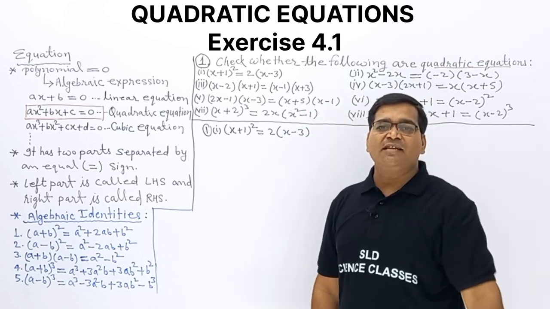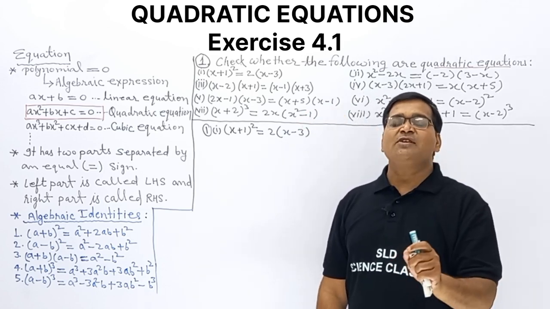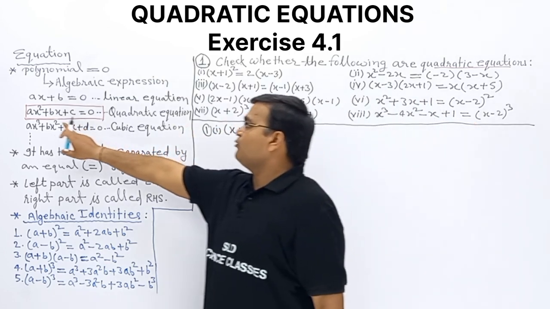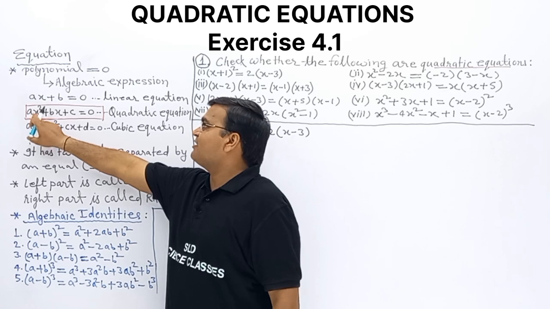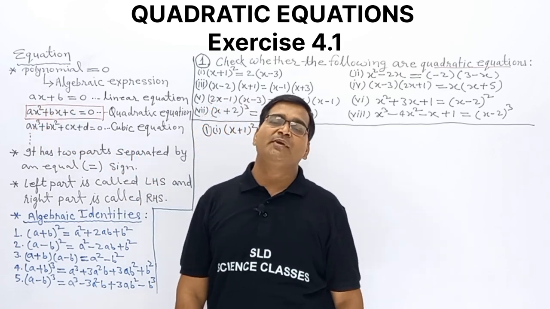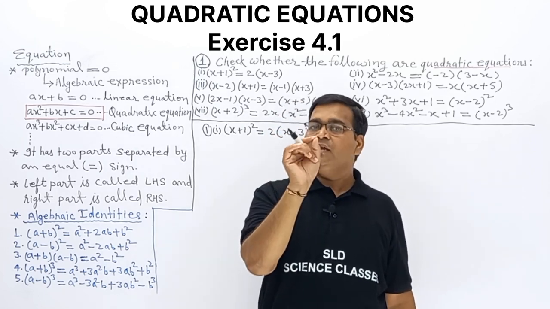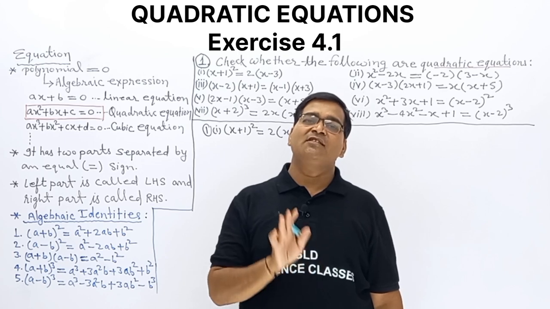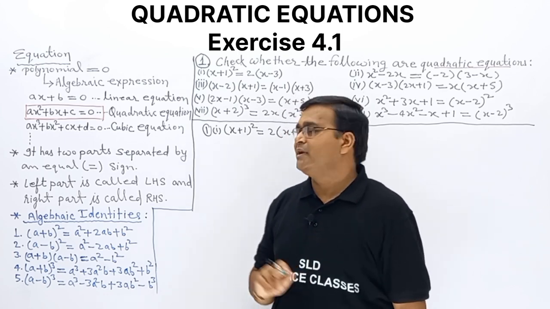In the quadratic equation we are having a quadratic polynomial equal to 0, and the quadratic polynomial is ax square plus bx plus c. In the quadratic polynomial we studied that the degree, the maximum power of variables, should be 2. Then we can say that one is a quadratic polynomial.